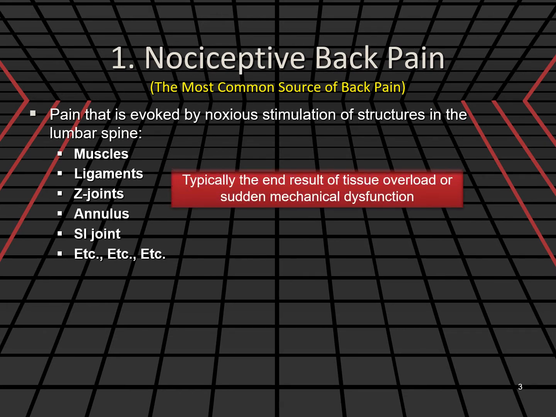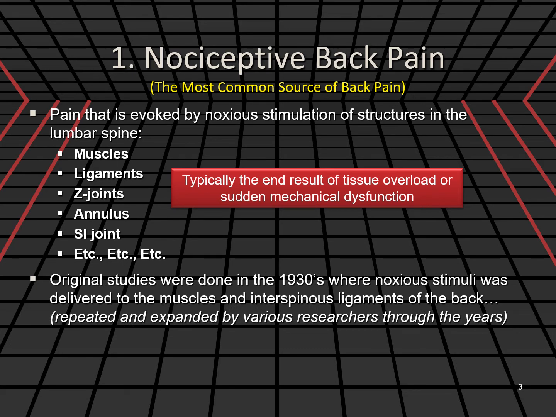Okay, number 1, nociceptive back pain. This is the most common source of back pain, and it's basically pain that's evoked by noxious, meaning harmful, stimulation of structures in the lumbar spine. So this could be muscles, ligaments, Z joints, annulus, SI, and so on and so forth. It's typically the end result of 2 things. One would be tissue overload, and the other is mechanical dysfunction.